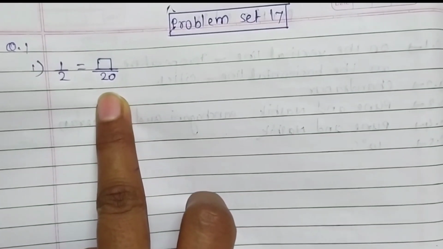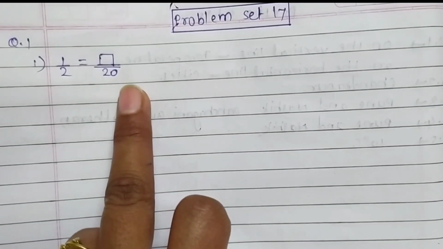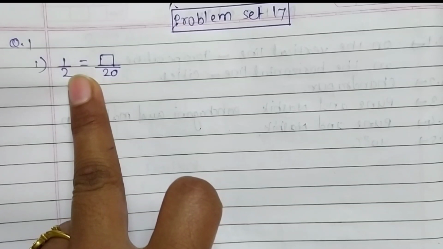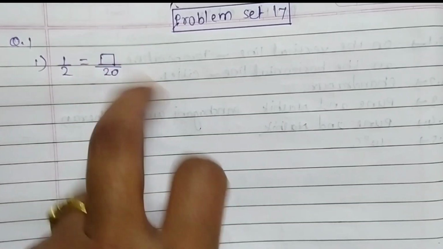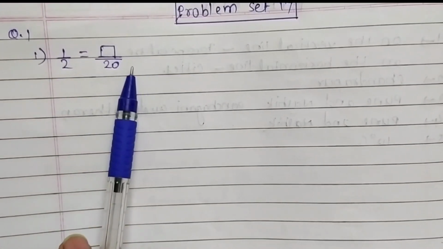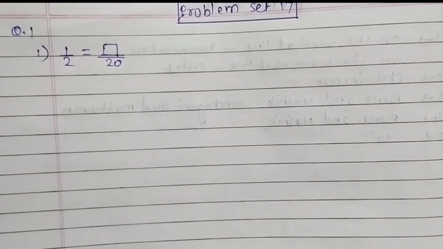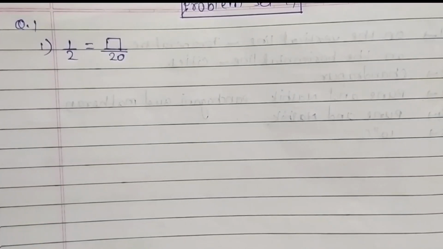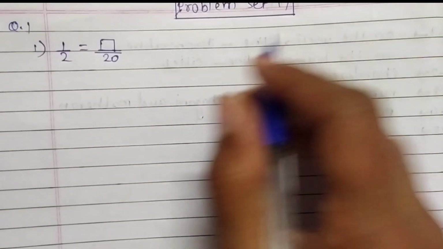So let's find what is 10 times 1. So we can get our numerator. Here 10 times 1 is 10. So our numerator for the first sub-question is 10.